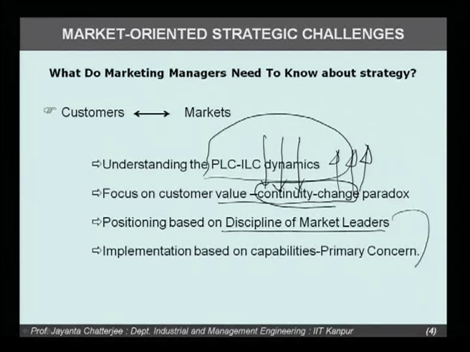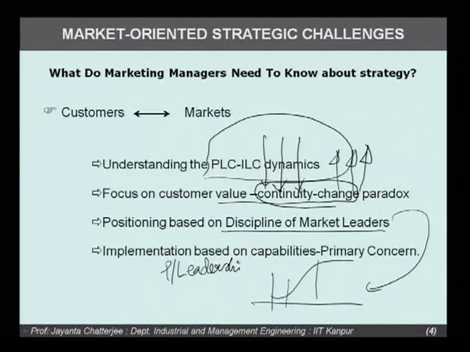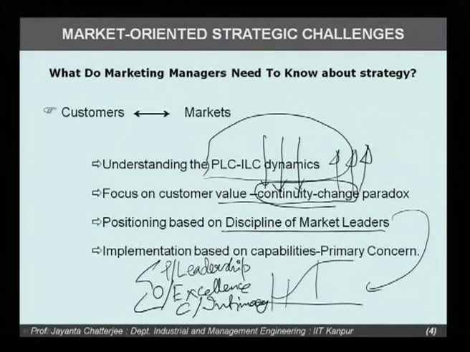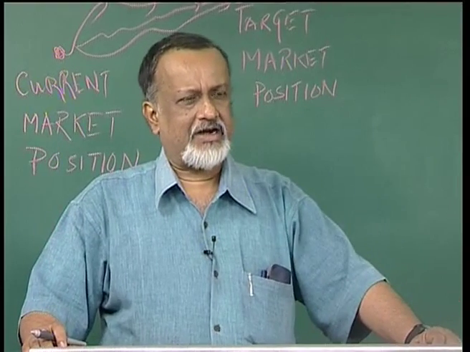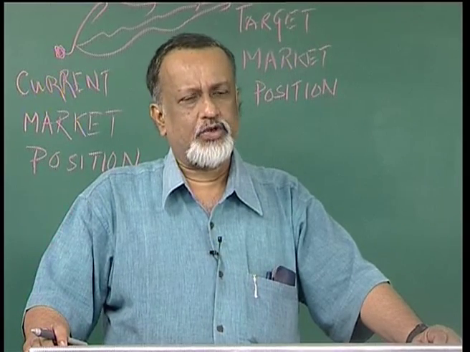We have discussed this discipline of market leaders, that depending on the life cycle position, your marketing strategy may have to change from product leadership to operational excellence to customer intimacy and combinations. Okay. These are the disciplines of the market leaders, and these disciplines again need to be clearly understood.